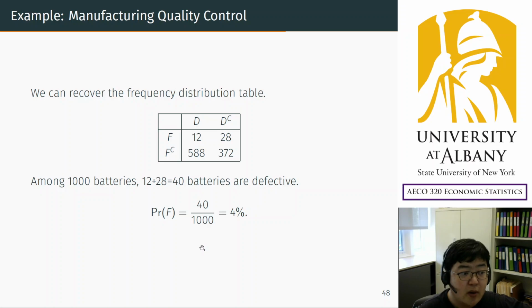As you can see, this step is pretty simple. Once you complete the distribution table, calculating a probability is not a big problem at all, because what you have to do is fill in the correct numbers in each category.